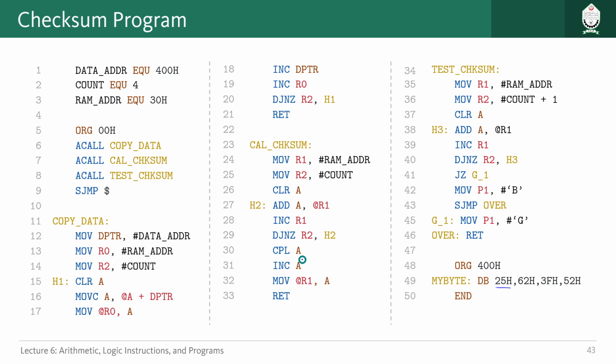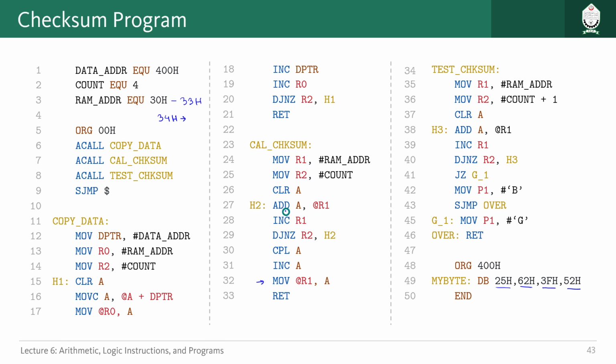Now what we want to do, we know that starting from 30 to 33h, these 4 locations are saving these 4 values, right? What we want to do, in 34h location we want to save the checksum byte. So that's why we have this line.